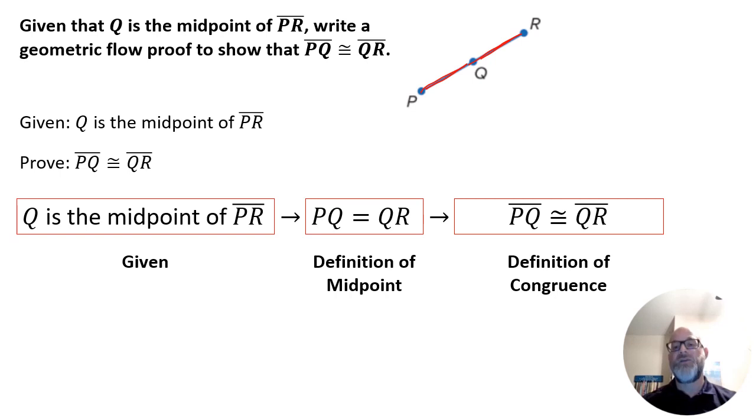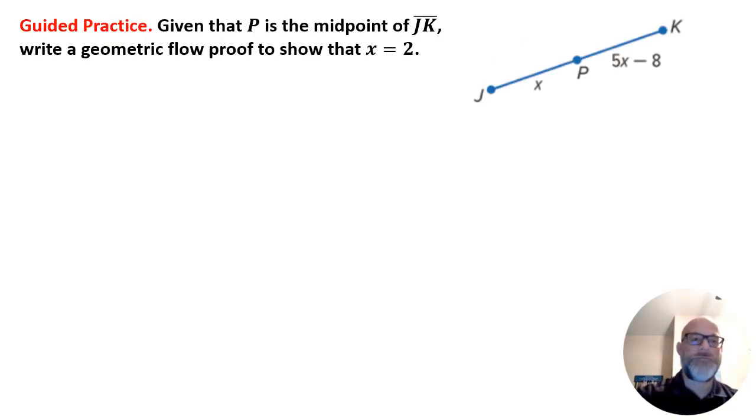Line segment PQ is congruent to line segment QR. How do we get there? The definition of congruence, right? Congruence is two segments have equal measure. That's the idea of congruence. Congruence being an ancient geometric idea, and measure being a modern idea. Got it?